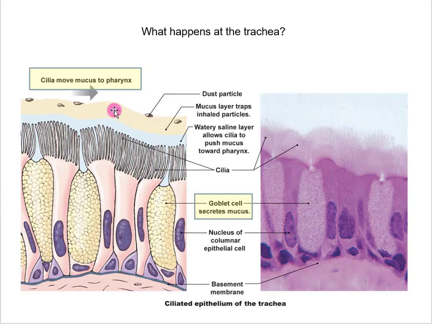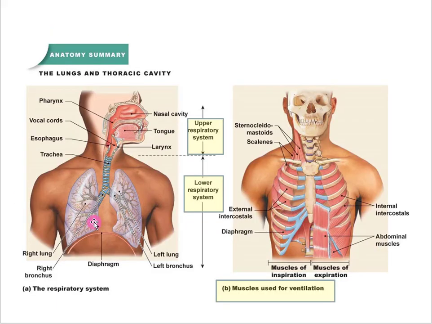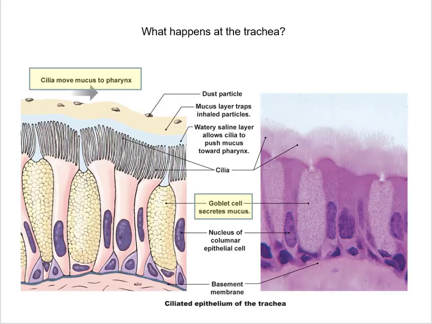Now, you may be trapping dust and particulate matter just fine, but you can't sweep this up north. If you can't sweep it up north, eventually, gravity being what it is, it works its way down south. And again, that leads to a lot of congestion in the lungs and generally not a good situation. So the point being, these ciliated epithelial tissues are really important to have in these airways.